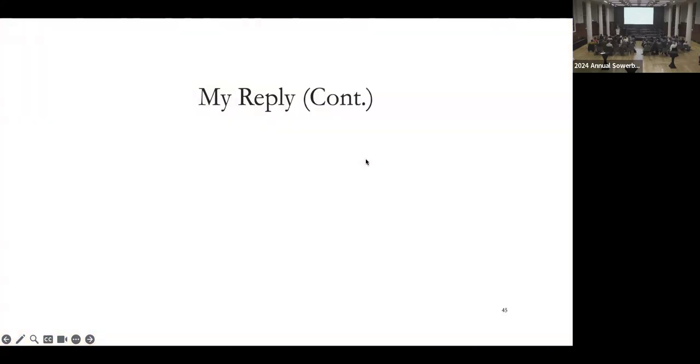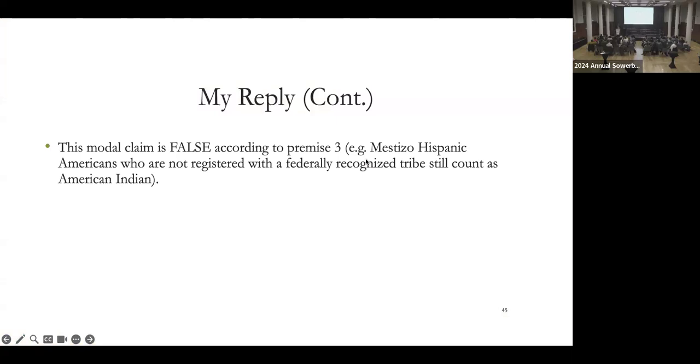"My theory, of course, federal tribal affiliation is not required to be American Indian in this race talk. All you need is to have the right kind of continental ancestry. So mestizo Hispanic Americans, for example, would be American Indian to some extent, partially, right? As well as official tribal members, according to the United States."